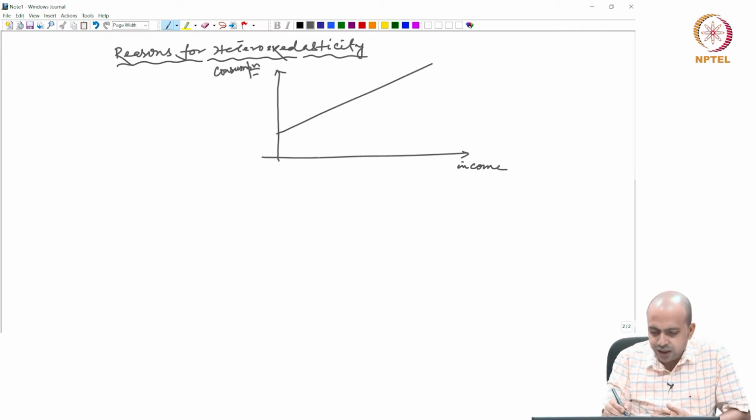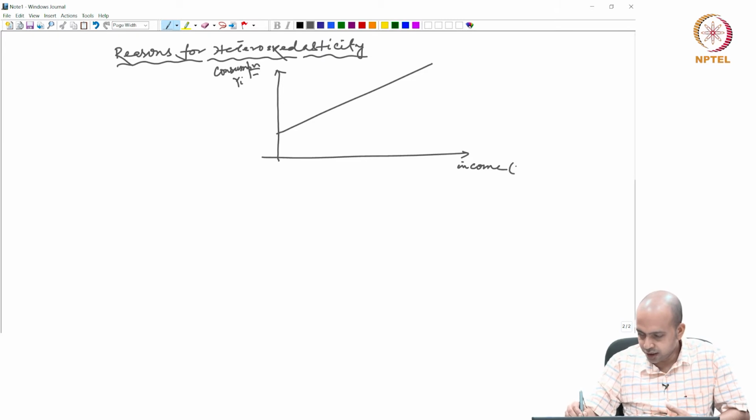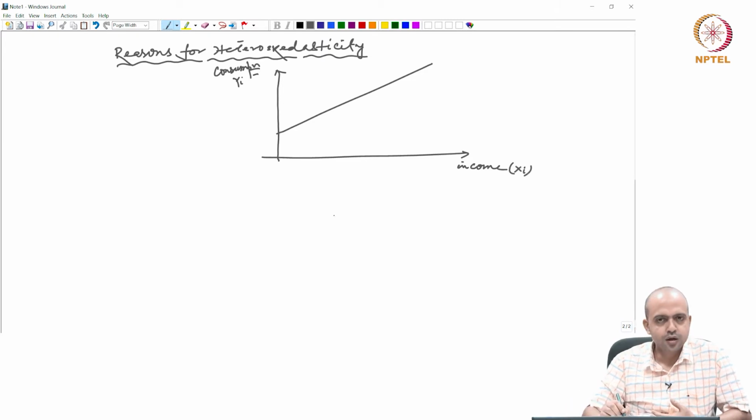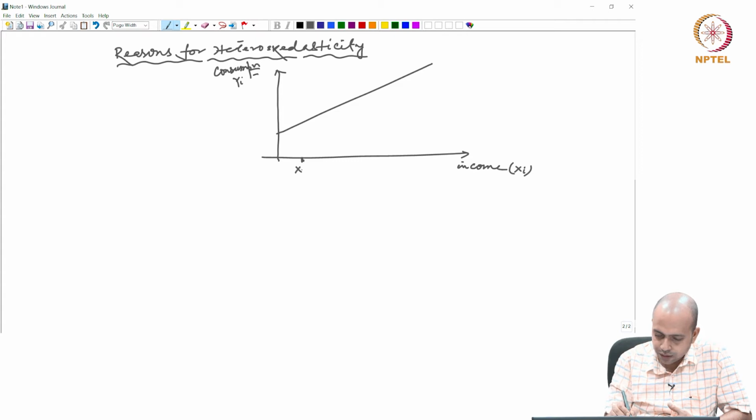Now, for any, let us say this is your yi and this is the xi. Now, for any given value of xi, let us say this is x1.